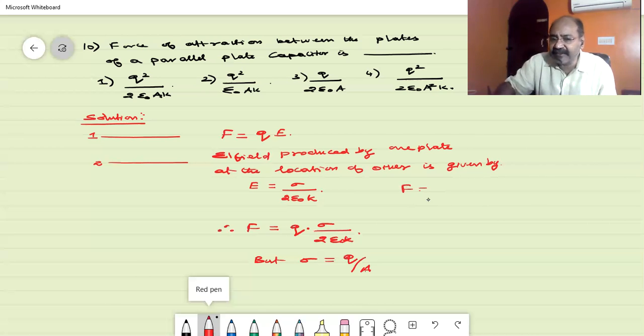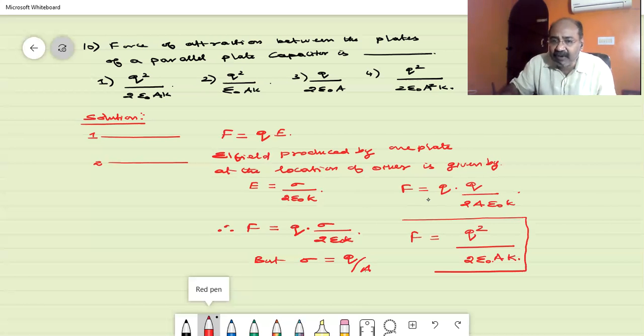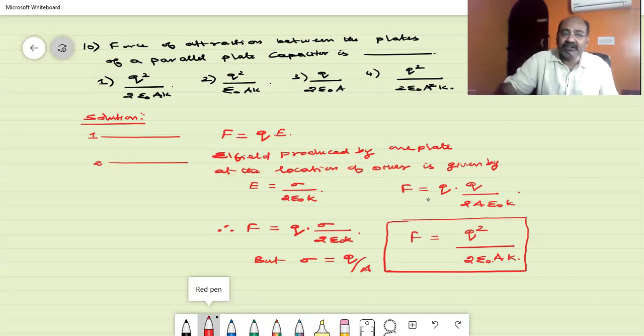Then you can write F is equal to Q into Q divided by 2 into A into epsilon 0 into K. So on simplifying, you will be getting the answer as Q square divided by 2 into epsilon 0 into A into K. So the force of one plate over the other plate is given by the relation Q square divided by 2 epsilon 0 A into K. So the first option is taken to be the correct answer.